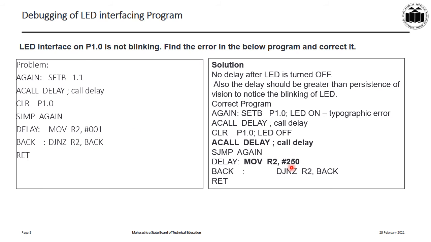We need a higher delay to observe the blinking. One more thing, there is a typographic error. The port 1.0 is where the LED is interfaced, while the set bit is 1.1. So the typographic error is visible here. So a corrected program will stand like this.